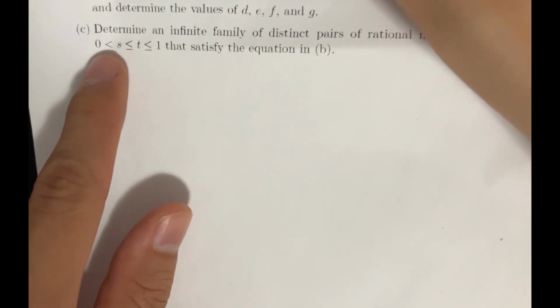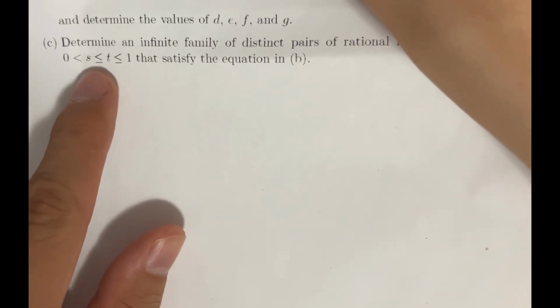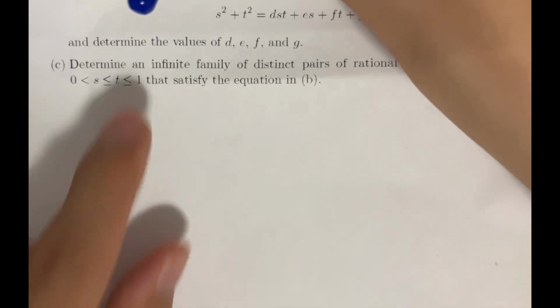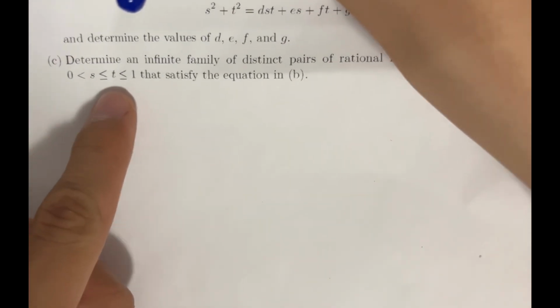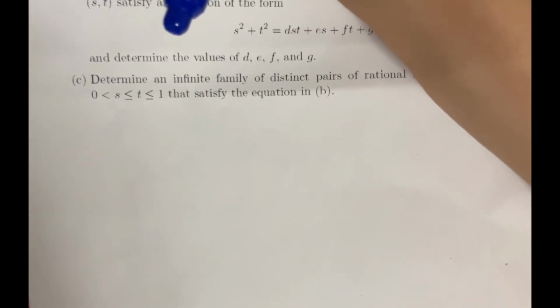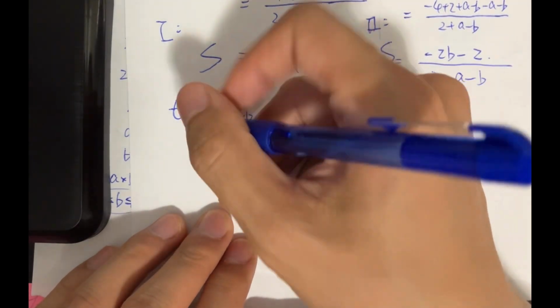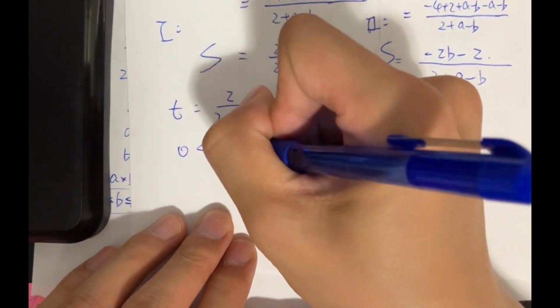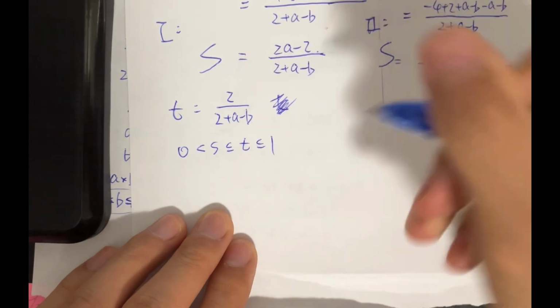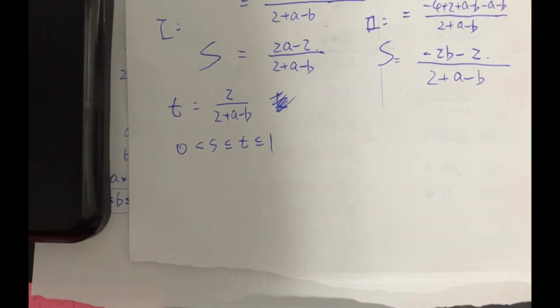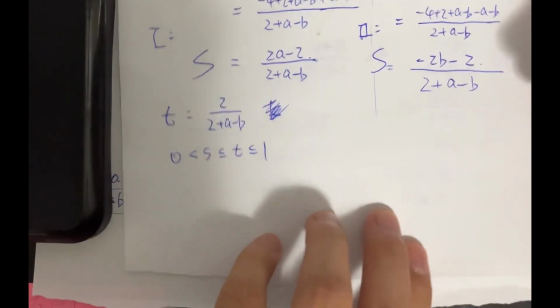Okay, both are positive. S is lower than t, or no larger than t, and the t is under 1 or below 1. So it is, okay, let's just copy it first. Now we have to determine the range thing, right? But before that, there's one thing I want to mention.